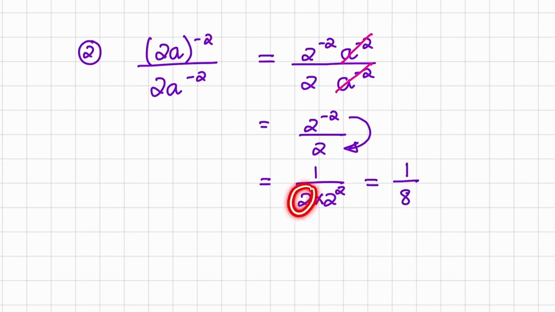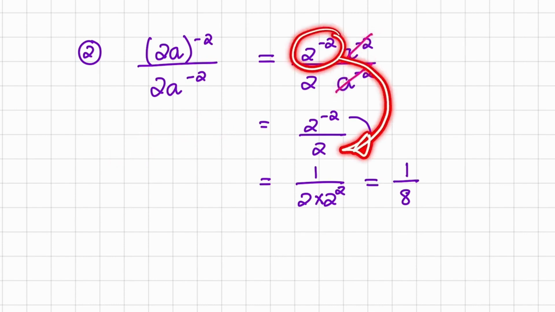Because 2 times 2 squared is 8. So sometimes we don't need to apply the law of exponents where we subtract exponents from one another. Sometimes they do cancel out, and we can simplify by simply moving the negative exponents around.